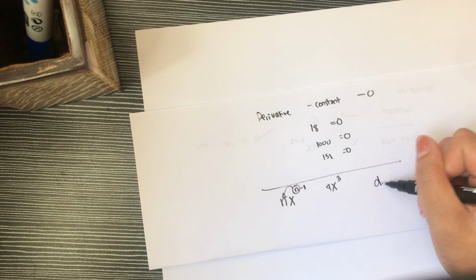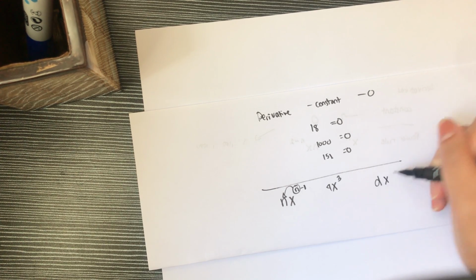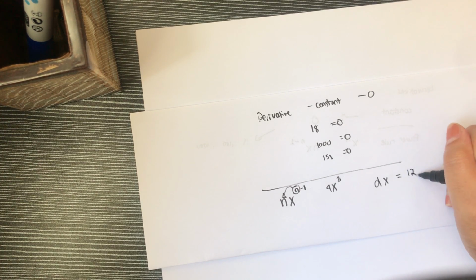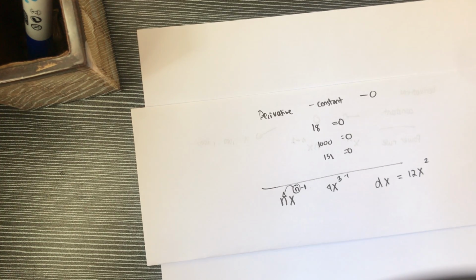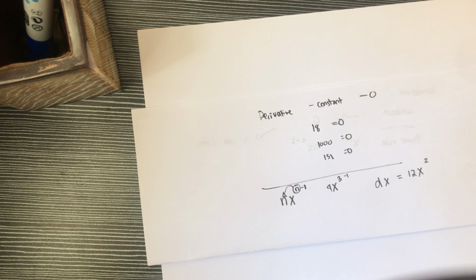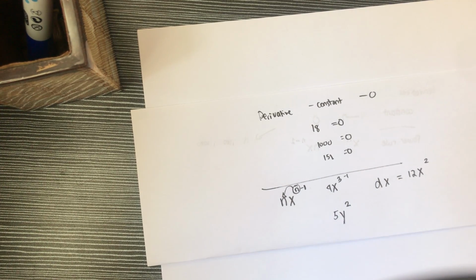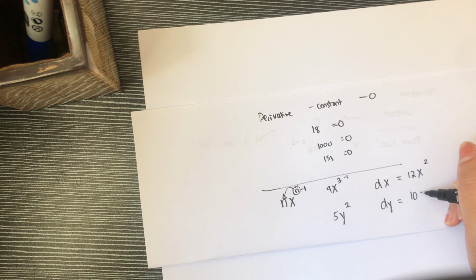So the derivative of it is 3 times 4, you have 12x to the 3 minus 1, squared. Okay, so another example is 5y squared. So the derivative of that is 10y.